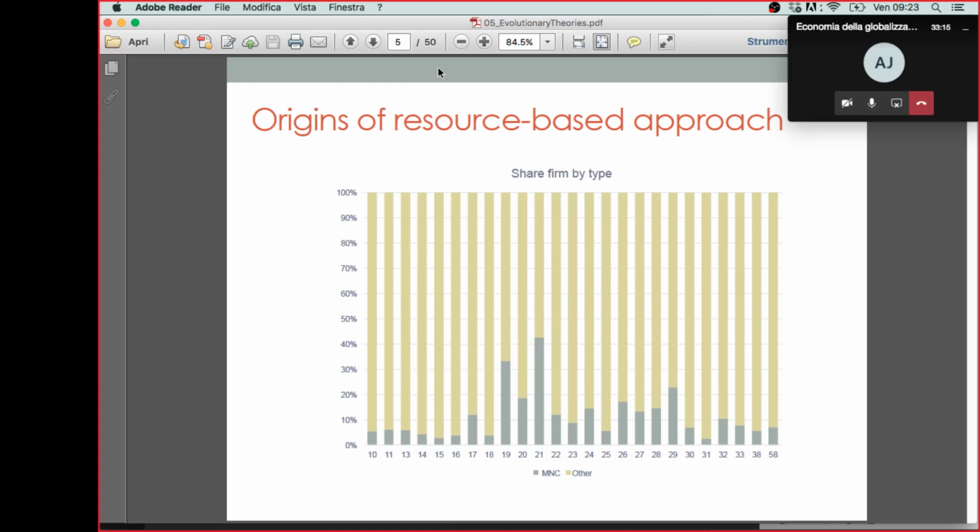So if the transaction cost approach was actually sufficient to explain why firms exist, you should observe that, of course, firms can have different sizes in different industries, because when there is more asymmetric information, probably the cost of using the market system is larger, and therefore you should expect firms of bigger size.